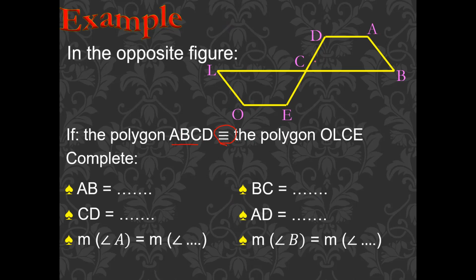AB will be congruent to the first letter and second letter. So take the first letter and the second letter of the second polygon. So AB is congruent to OL, so AB equals OL in length.